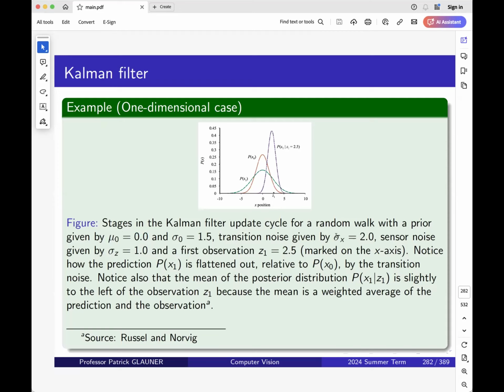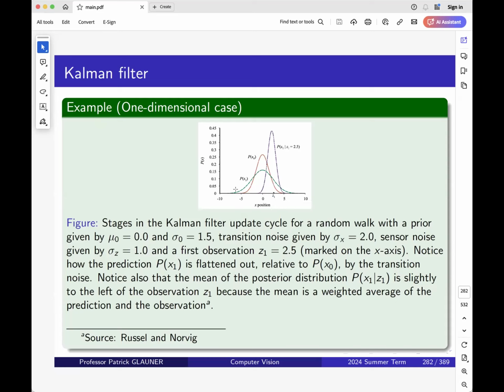We say the transition noise is sigma x, which is 2, and we also have a sensor noise sigma z, which is 1, and we have a first observation of the position at Z1. So we are starting with some estimate of the position. We say around 0, we put our Gaussian distribution here, which is a bit wider than the standard one. It's 1.5. And we have our first observation.